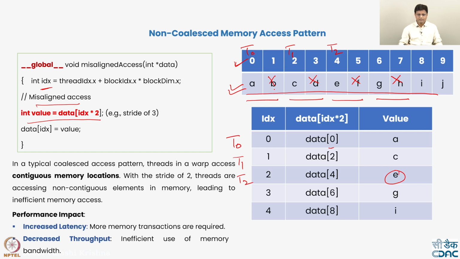So, meaning is that the threads in a warp access contiguous memory locations in a coalesced access pattern, but with a stride of 2 the threads are accessing non-contiguous elements in memory, which is leading to inefficient memory access.